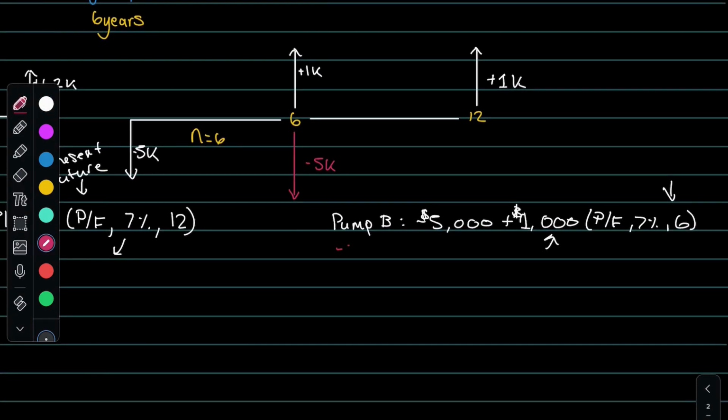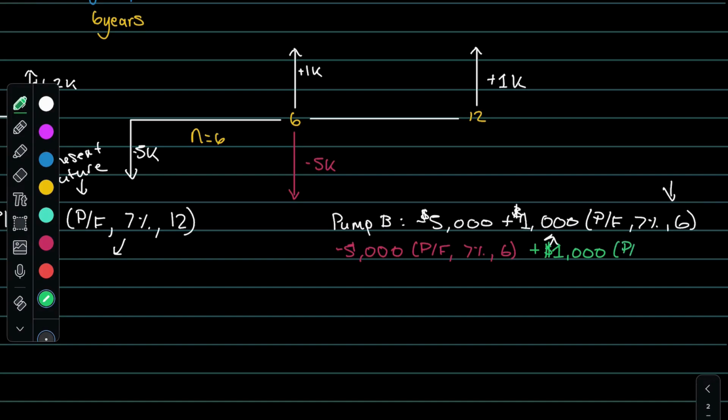And we keep going. What else do we have on this table? So we have minus 5,000 again, but now this $5,000 isn't in the present, it's in the present future. But it's also still at 7% interest and 6 years have passed, right? And then lastly, we have the positive gain from the $1,000 again after another 6 years.